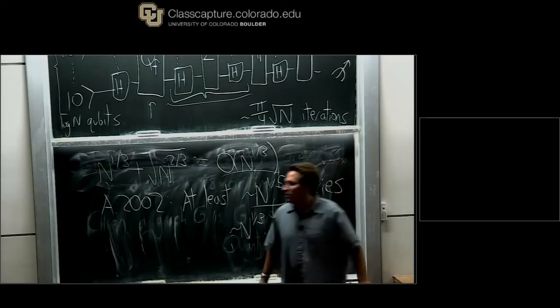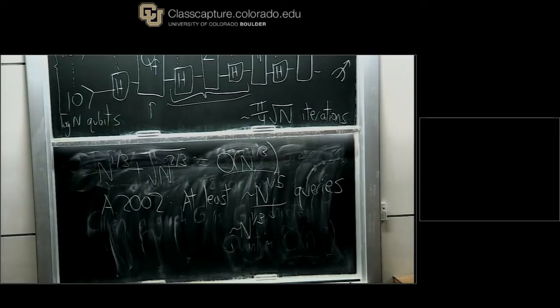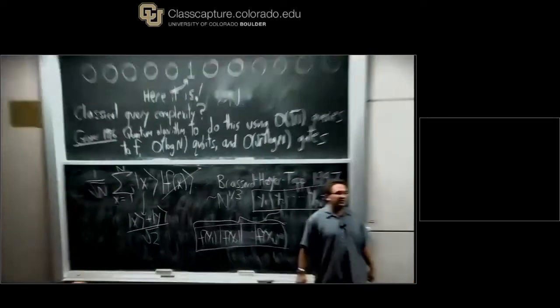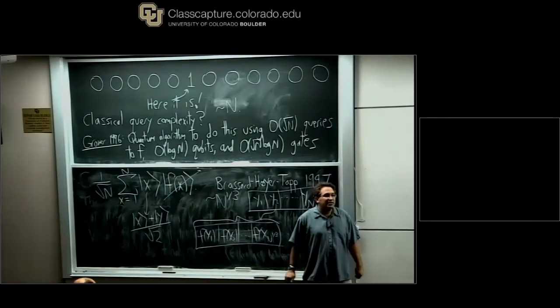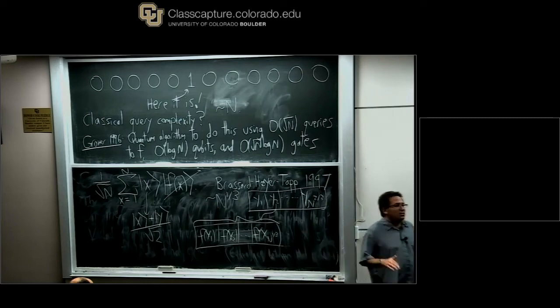You're asking for the implementation details of this thing? How you do it as a quantum circuit? Oh, right, but see, again, we're in the world of query complexity. We've already queried those things.